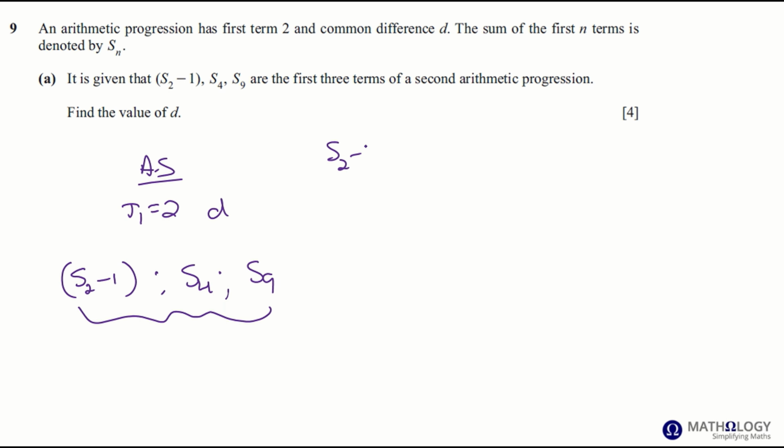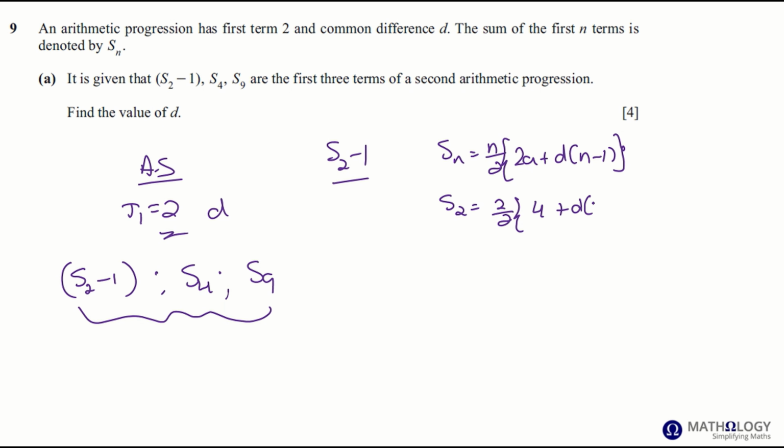So the sum to n terms of an arithmetic progression is n over 2 times (2a plus d times (n minus 1)). The sum to 2 terms will therefore be 2 over 2 times (2a, a equals 2, so 2 times 2 is 4, plus d times (n minus 1), n equals 2 in this case, 2 minus 1 is 1), so that's going to be 1 times (4 plus d), which is just 4 plus d.